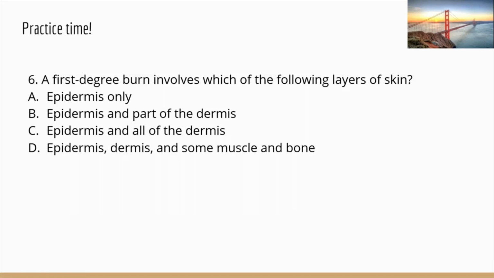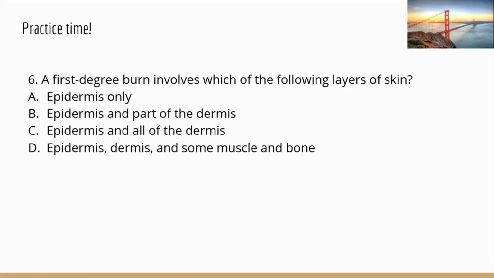So you can guess that first degree would be the least severe, and the third degree will be the most severe. The least severe will involve the least amount of skin being damaged, right? So as long as you know the different layers of the skin, you can compare the different options.